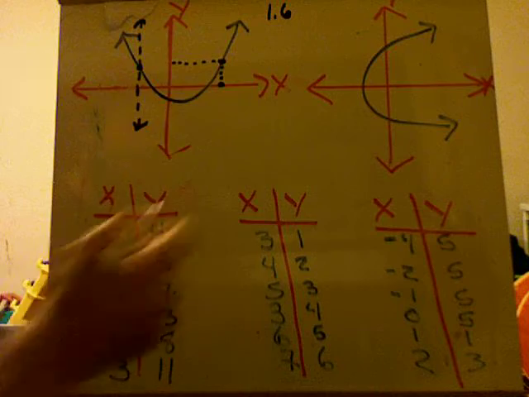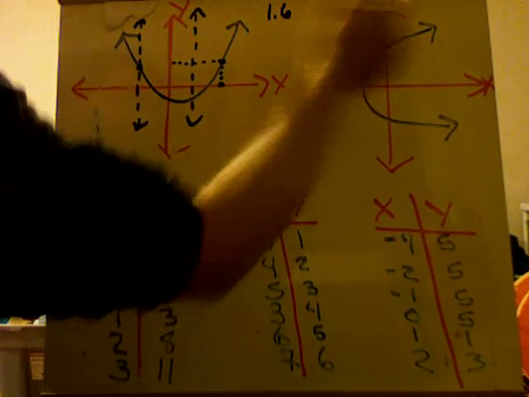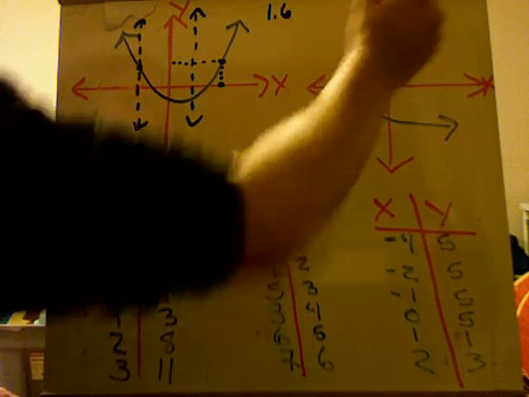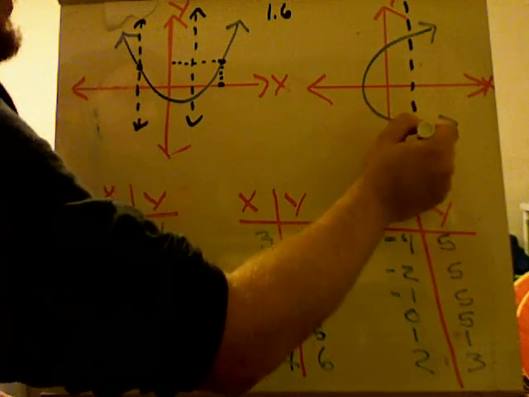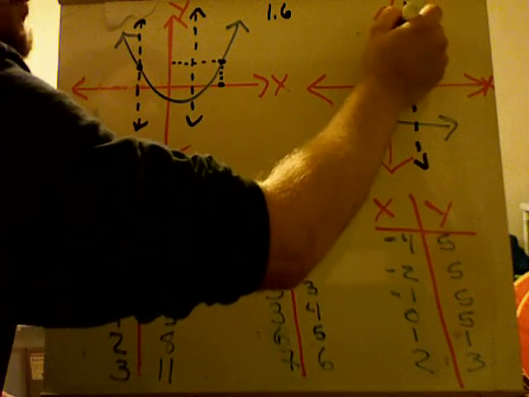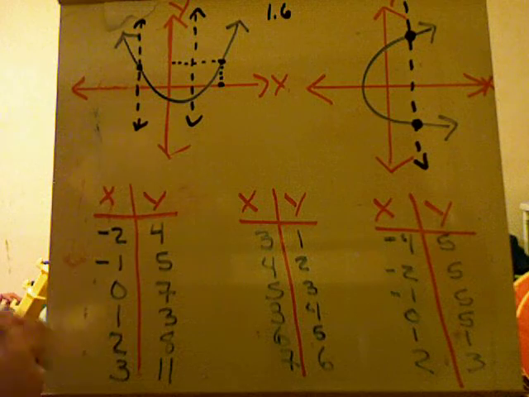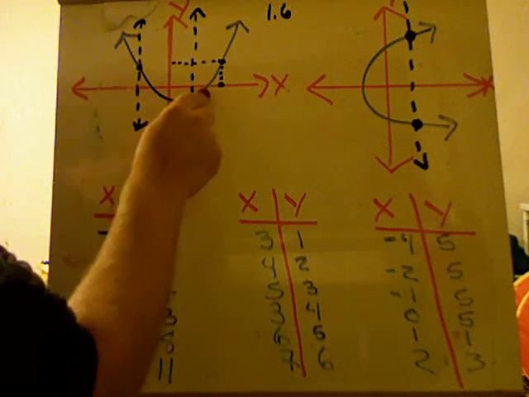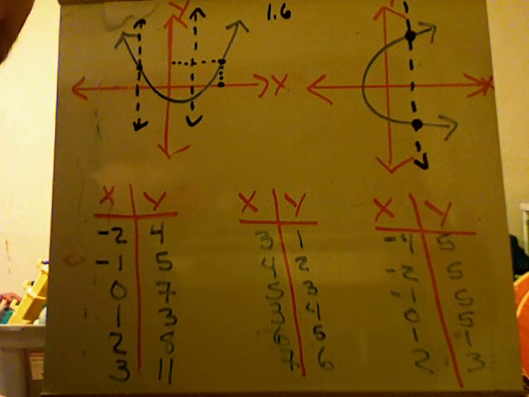So, vertical line test. For example, on this one here, if I do a vertical line test, well, what happens? Draw a vertical line, and whoops, I cross here and I cross here. So it fails the vertical line test. So this graph here is of a function. This one here is not of a function.